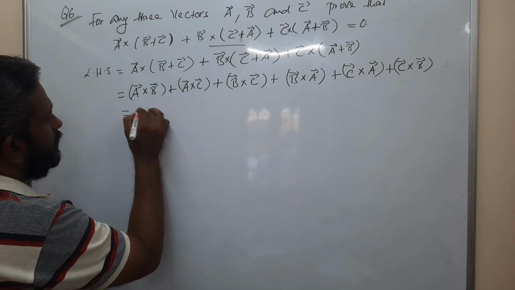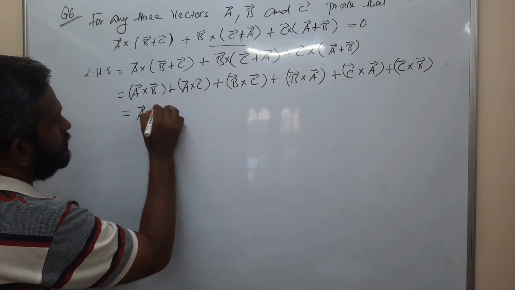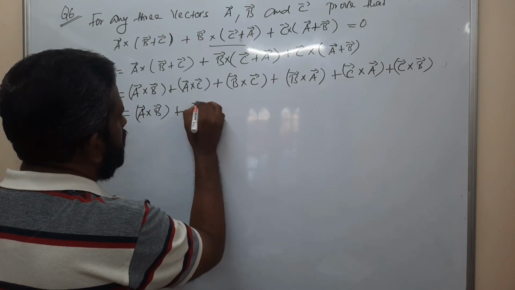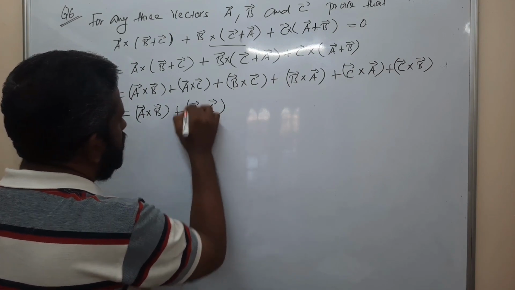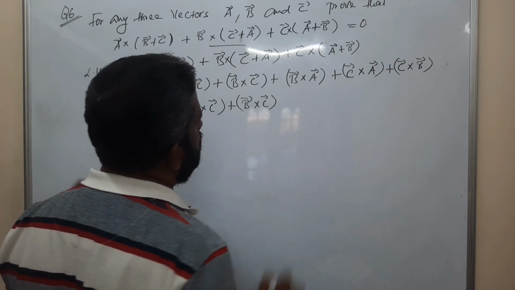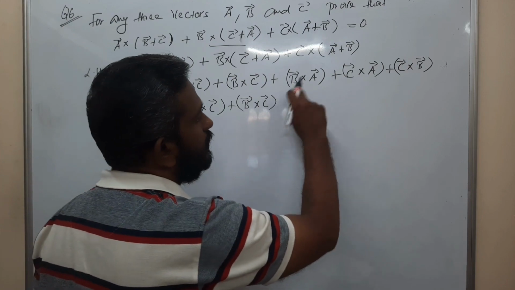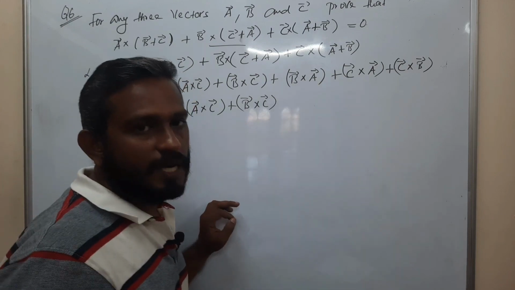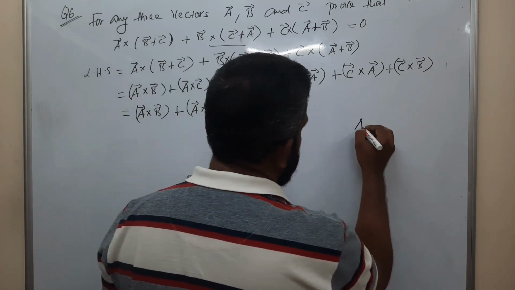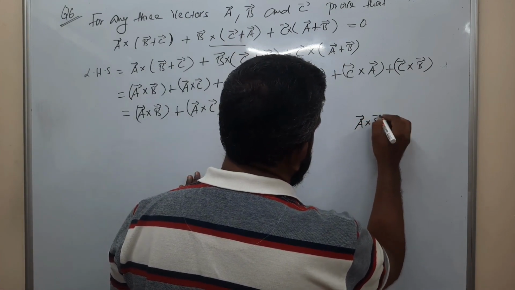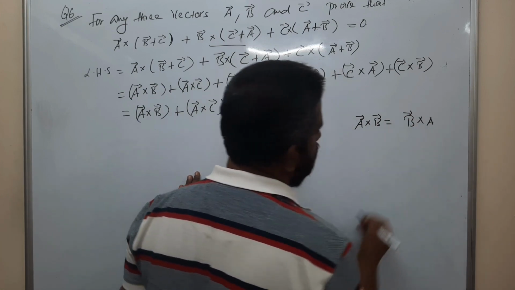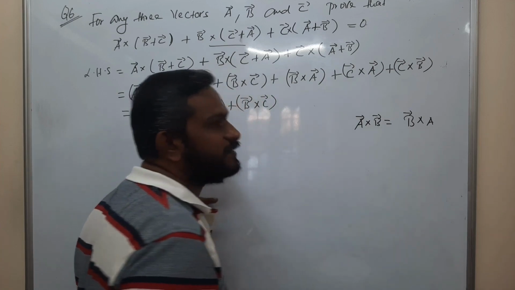So A vector cross B vector plus A vector cross C vector plus B vector cross C vector. So this B vector cross A vector, we have studied, that is A vector cross B vector is equal to the negative of B vector cross A vector, that is anti-commutative.